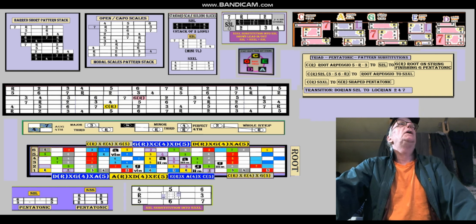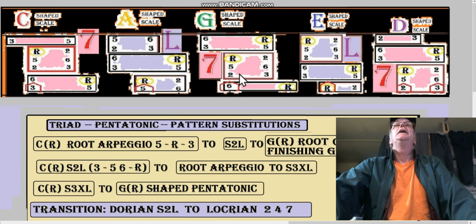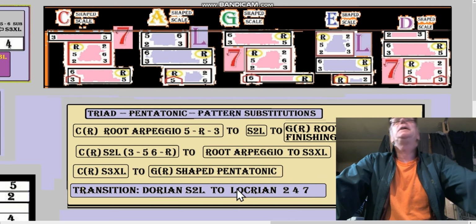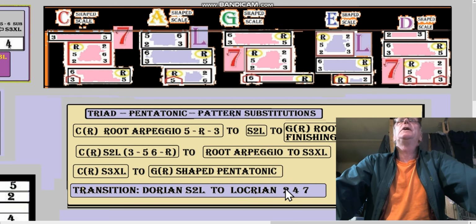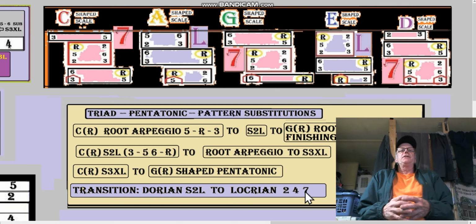Alright, so here's some background. Here's also something about the transition, which is going to be like, say, from a Dorian S2L to a Locrian 247. So that's not a substitution, and we could talk about this in the future.